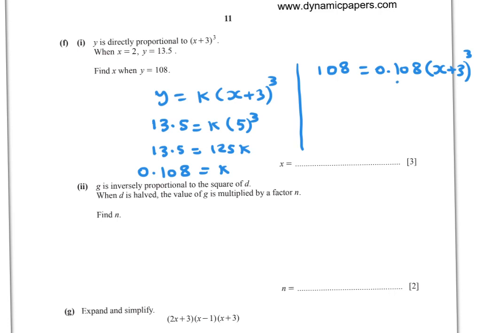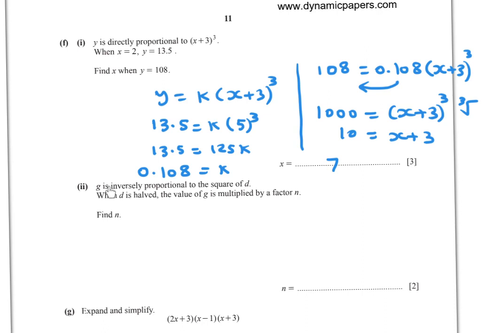So 0.108 goes to the other side by division. So now you have 1000 equals x plus 3 all power 3, take cubic root for both, so 10 equals x plus 3. Now subtract 3, so x equals 7.